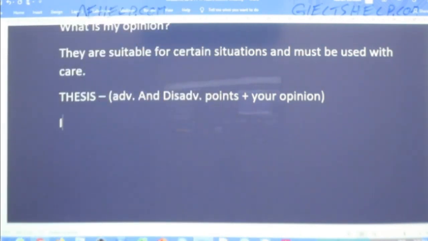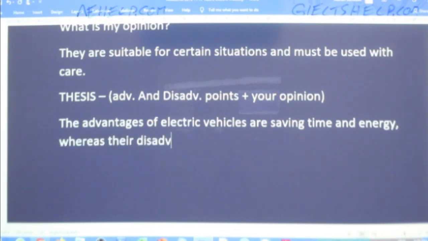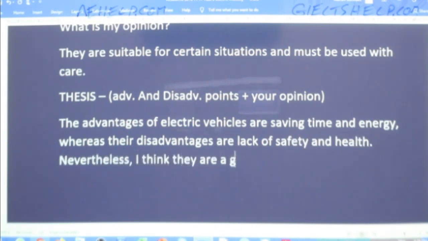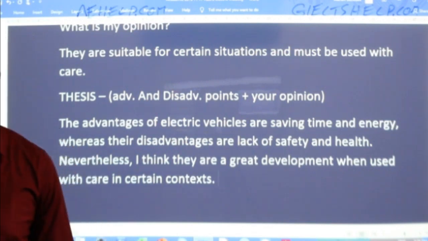So here, that's my thesis statement. Let's see what you come up with for your thesis statement.